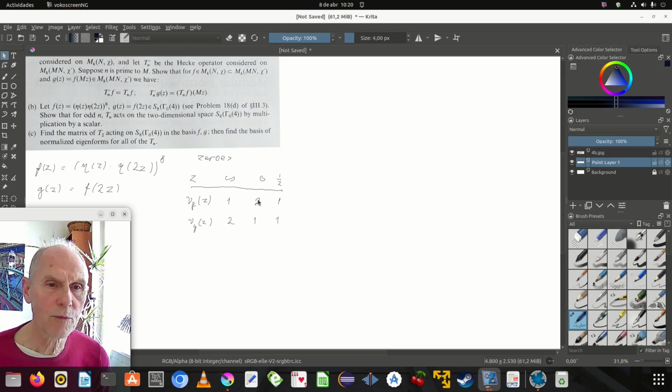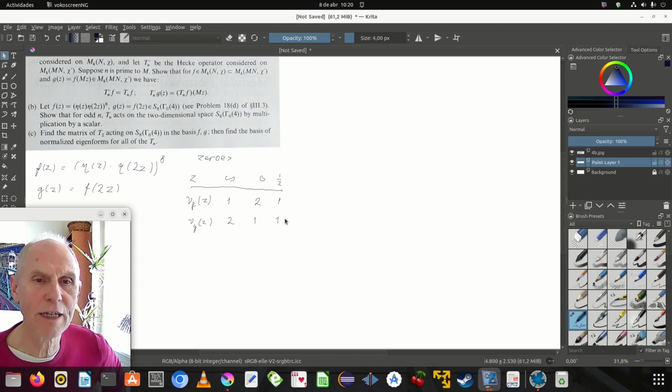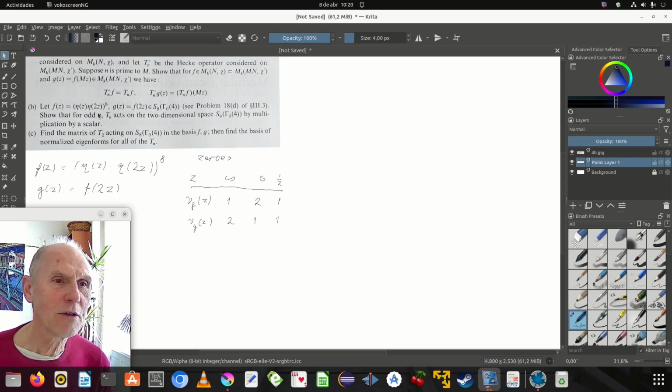So that means then we know the one at 0 is 2, then the other ones are 1. So I didn't have to compute the expansion at 1/2 explicitly, which was nice. So now I feel I know something about these functions.